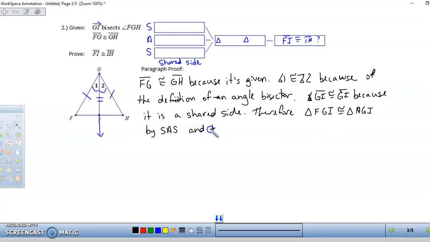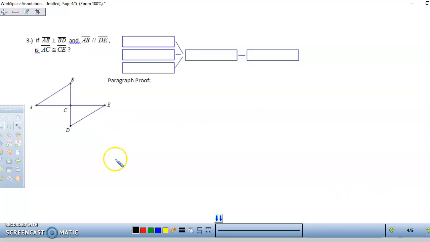And then just double check that FI goes with IH. Yep, those are in corresponding positions. So therefore FI is congruent to IH by CPCTC. There you go.